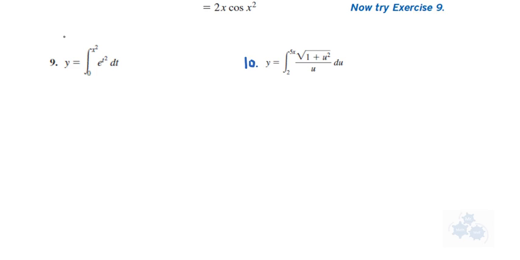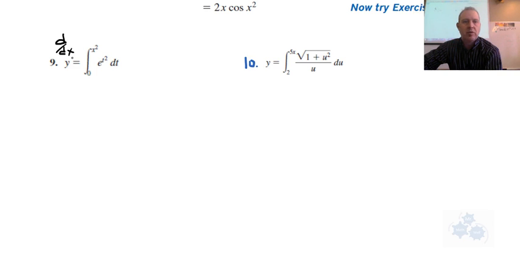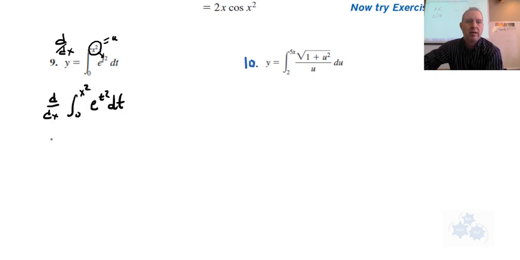Okay, so if we take the derivative of both sides here with respect to x, you can put this in for the variable, understanding that this really is u. So you could go in there and multiply it by du as well. And so this becomes the derivative with respect to x of the integral from 0 to x squared of e to the t squared dt.